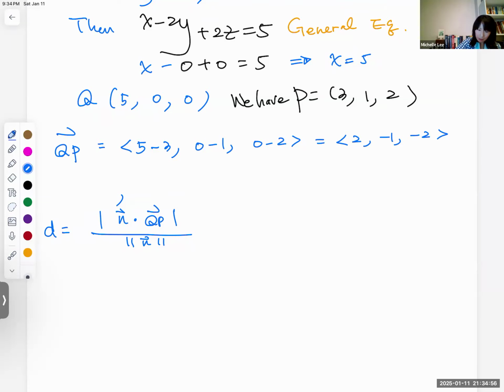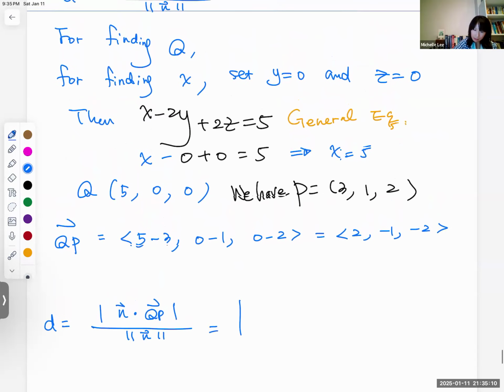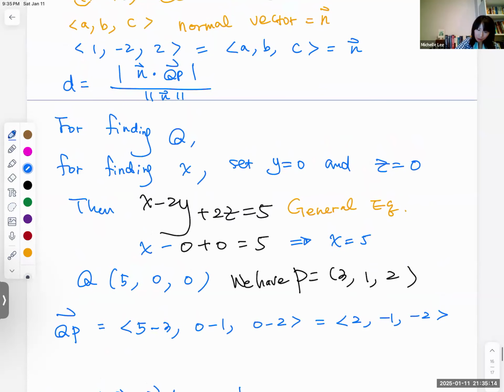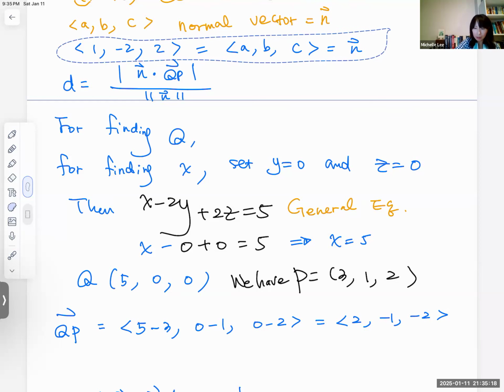So that will be the absolute value of the dot product. I need to see n. And where's n? 1, -2, 2.